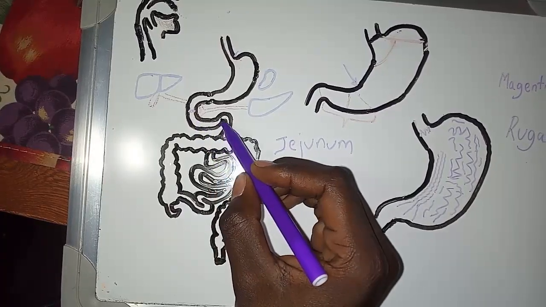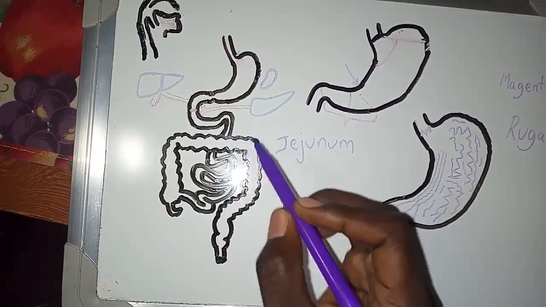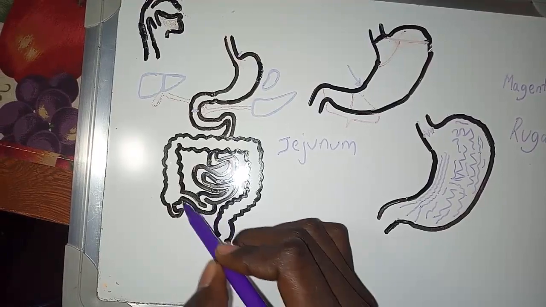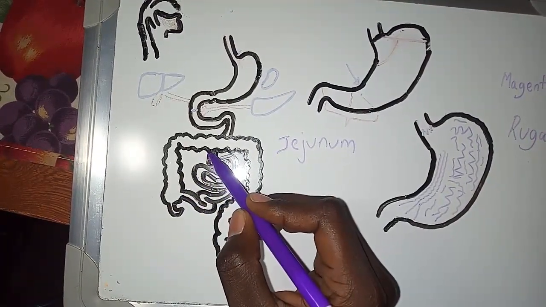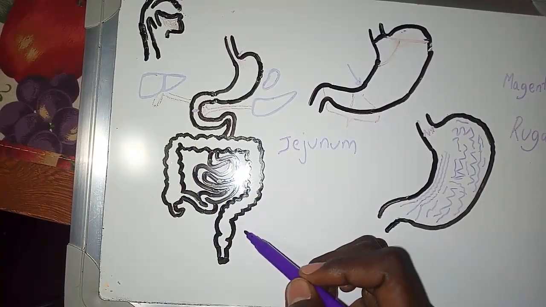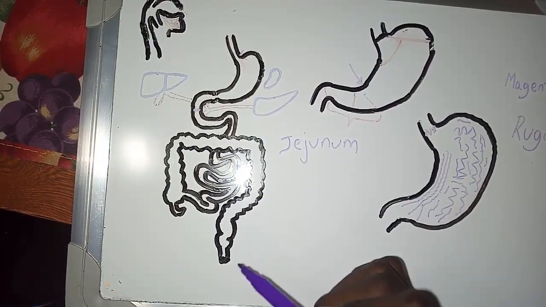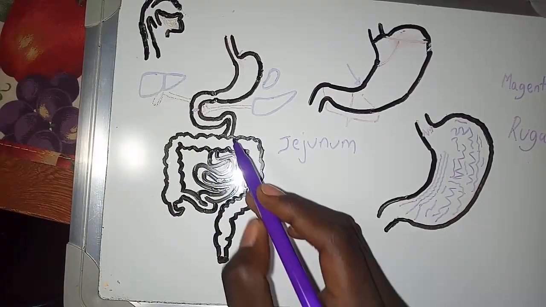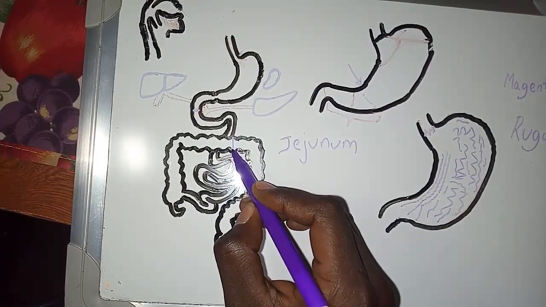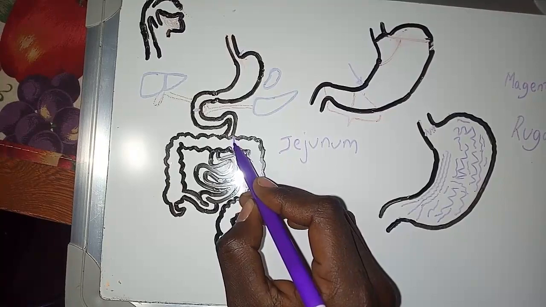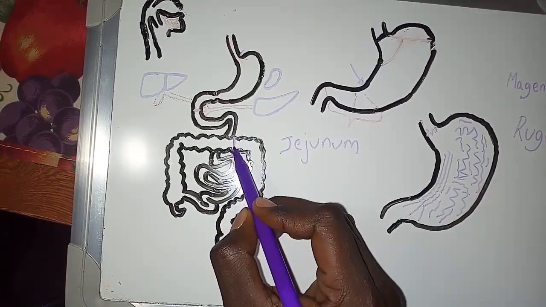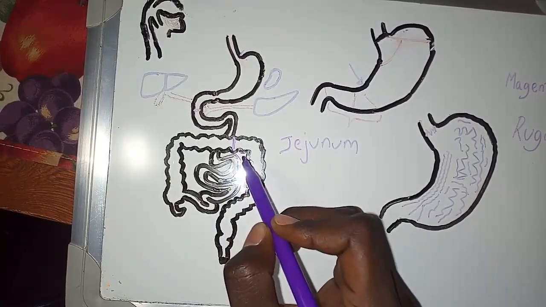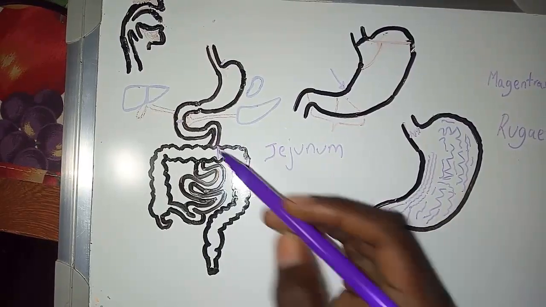The midgut comprises the rest of the duodenum, the jejunum, the ileum, the cecum and appendix, the ascending colon, and part of the transverse colon, particularly the proximal 2/3 of the transverse colon. To the left of this is the midgut, and to the right, as far as the anus, comprises the hindgut.